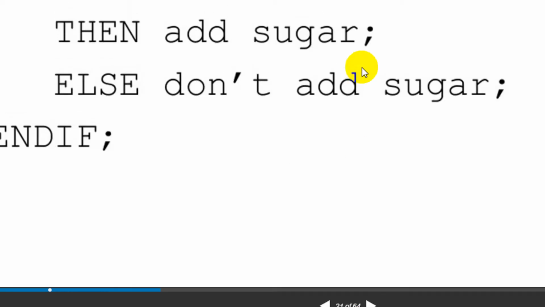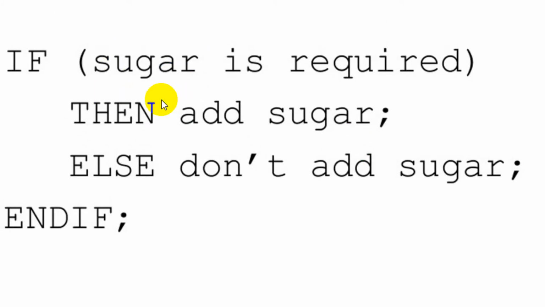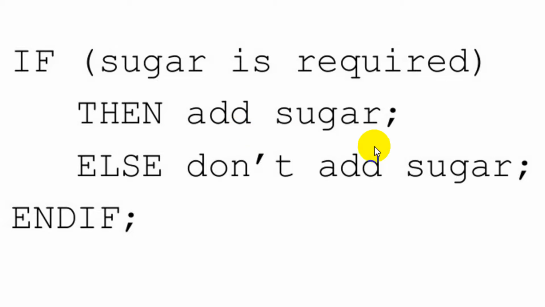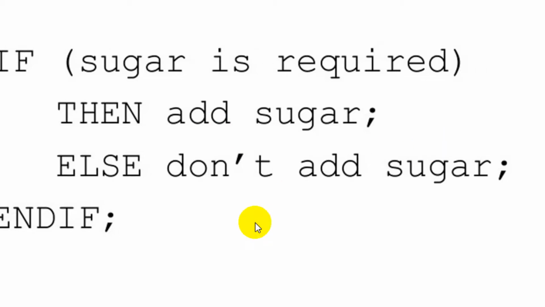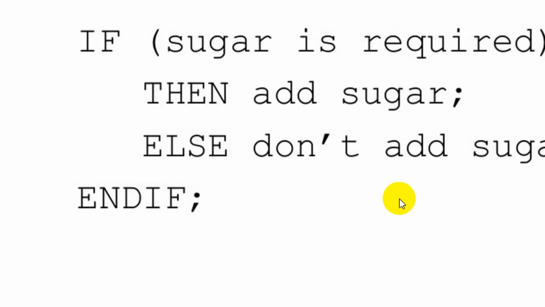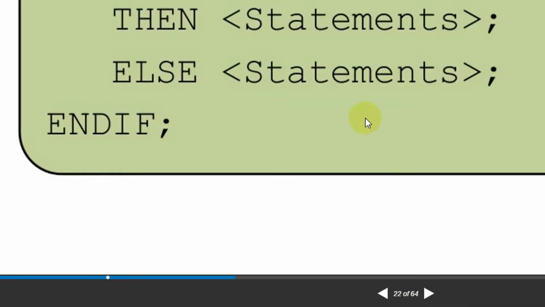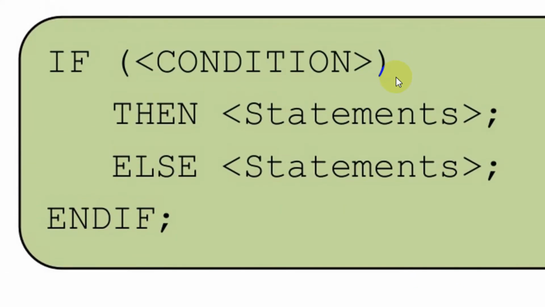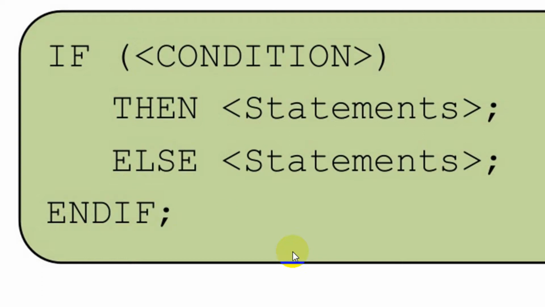Click next. Selection. So we can ask the user, if sugar is required, then add this, else don't add the sugar. So this is more like the conditional pseudocode that you have. In general, if this condition is true, then perform this, else perform this, and then end the program.